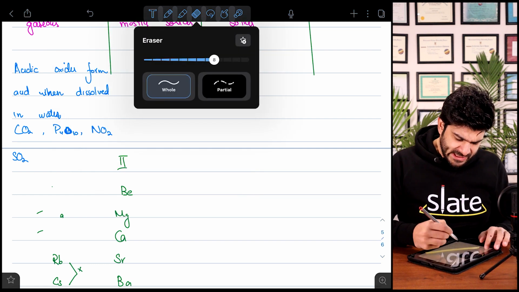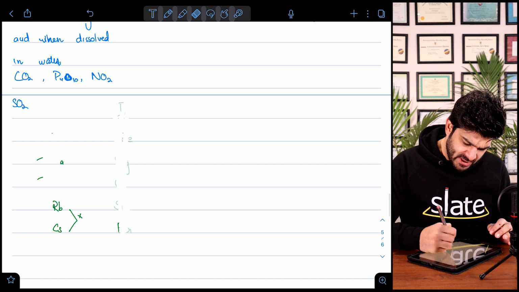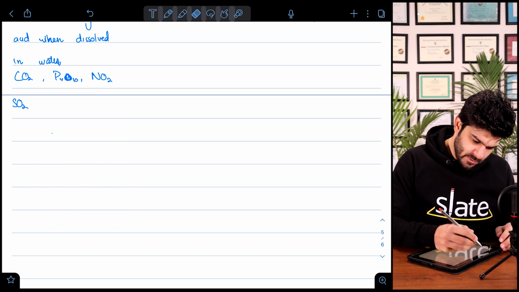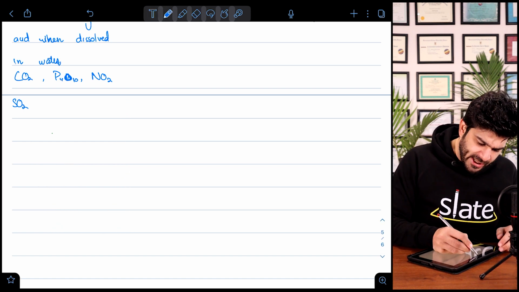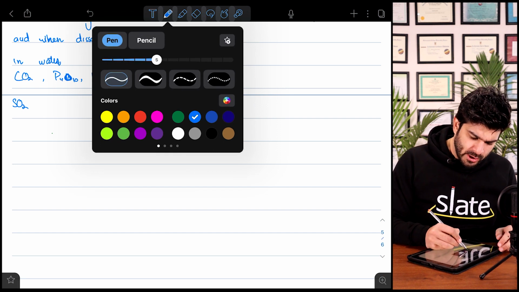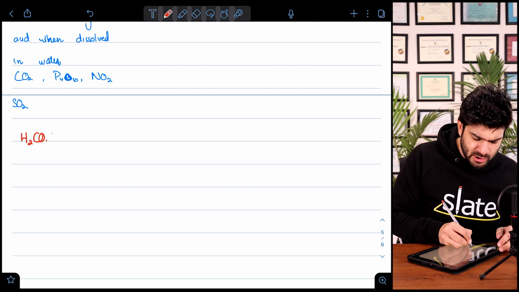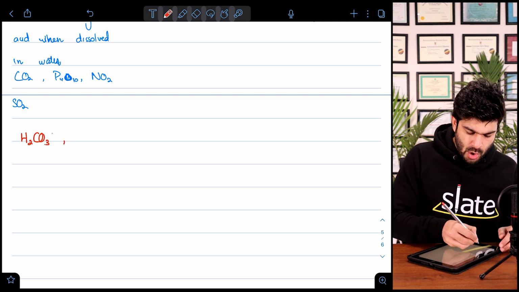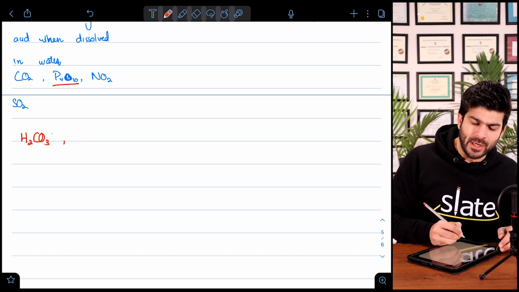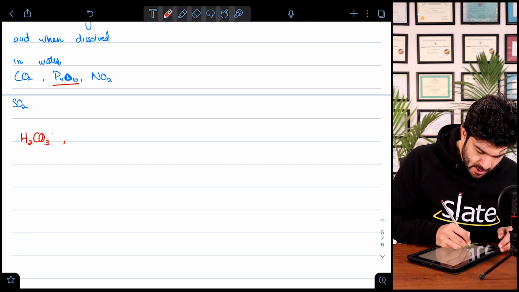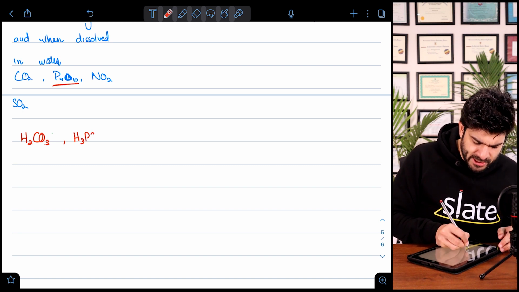What can we do? As I'm saying, if we add them in water, they form acids. Do they? Let's see. So if I add carbon dioxide in water, what do I get? H2CO3, which is carbonic acid. If I add phosphorus oxide in water, we get phosphoric acid.